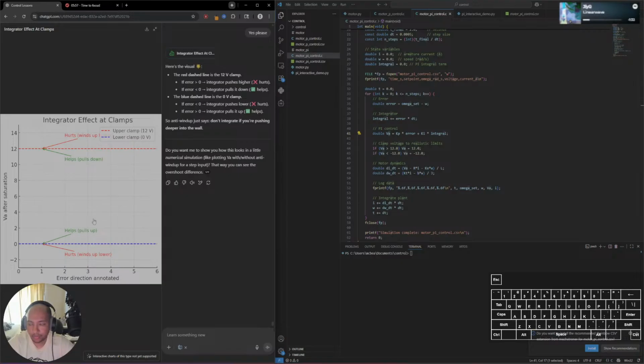Pulls up, winds down. Red dash is the 12 clamp. If the error is greater than 0, but I'm already at the limit, then it's gonna push higher. This hurts me. It pulls down. Okay.